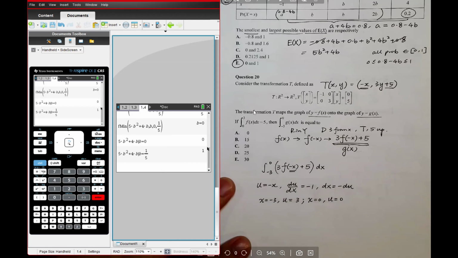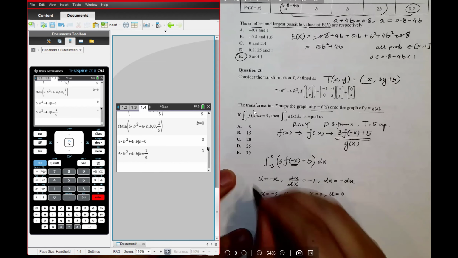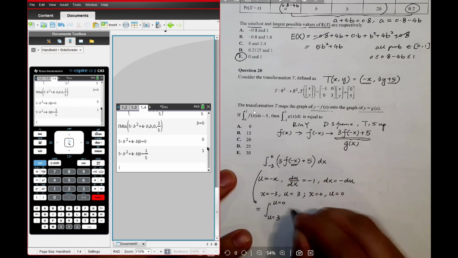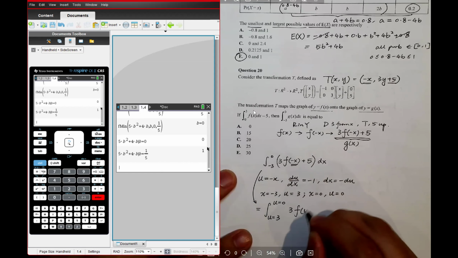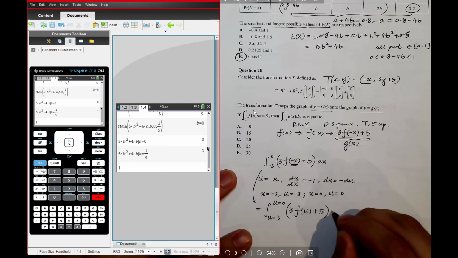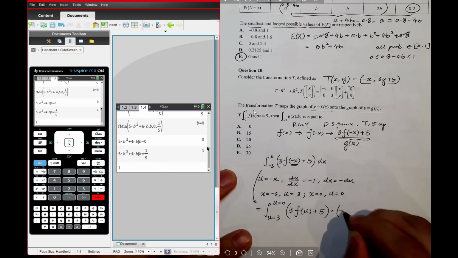This method is called a linear substitution or change of variable method, which is part of the specialist math course. Anyway, the new integral can be written as u equals 3 to u equals 0, 3 lots of f of u plus 5. Notice that the last bit is not just du, it's minus 1 times du, okay?